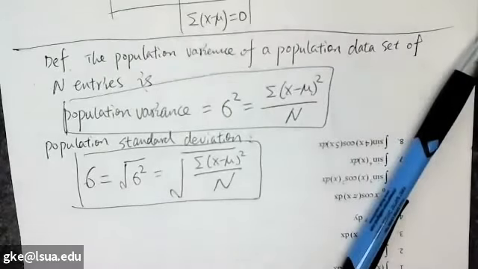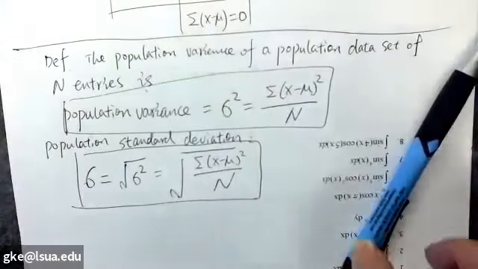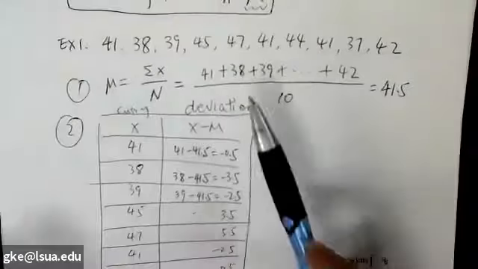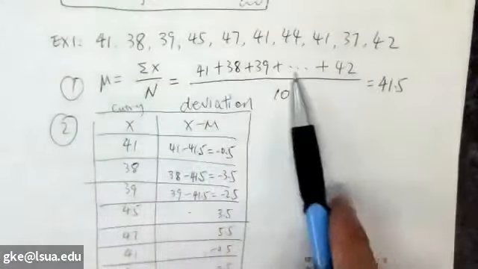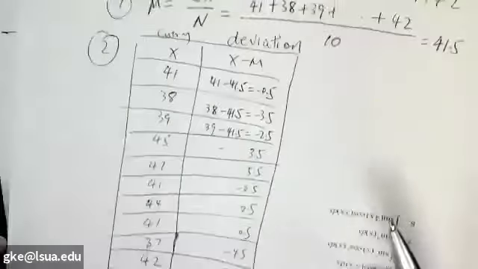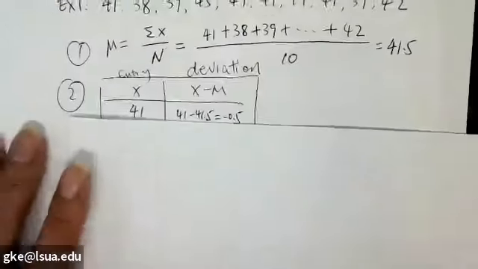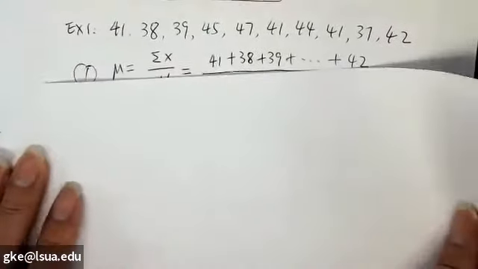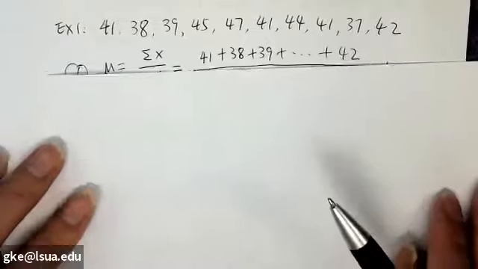Now let's take a look at an example. I'm still going to use our previous example, this data set, to calculate the population variance.